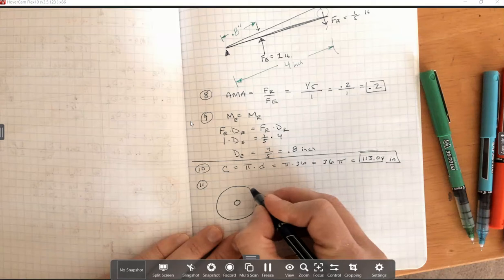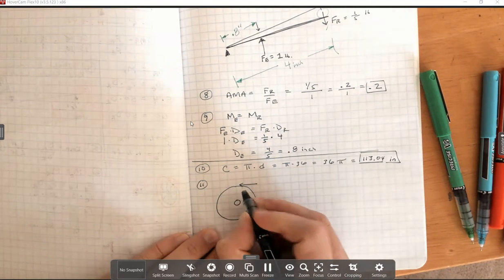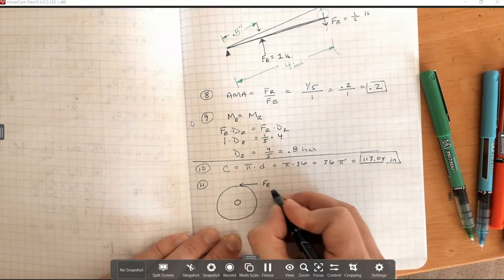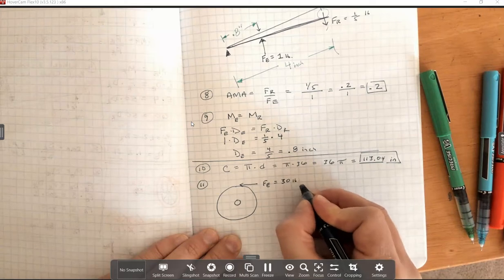So we've got this wheel, and somebody who's going to operate it, the force would be drawn such that it's tangent to the circle. So this wheel and axle system is designed to operate with 30 pounds of effort force.